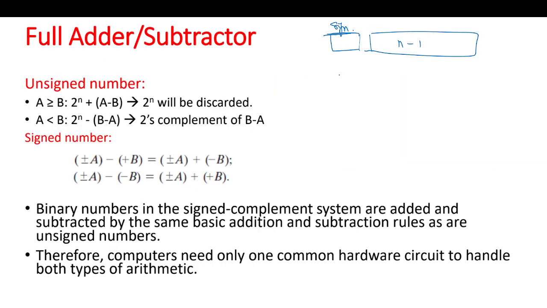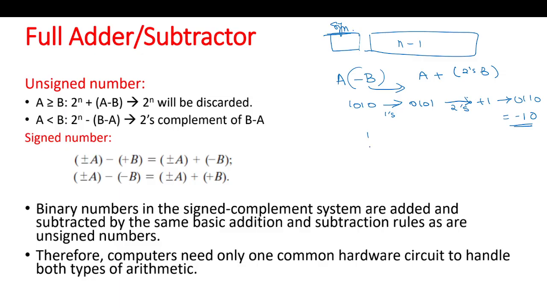So if we have a minus b, we want to do a plus two's complement of b. For example, if we have 1010, the one's complement is 0101. For taking the two's complement, we add 1, so it gives 0110, which is nothing but minus 10.